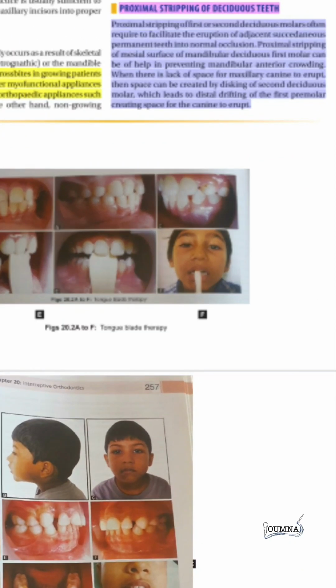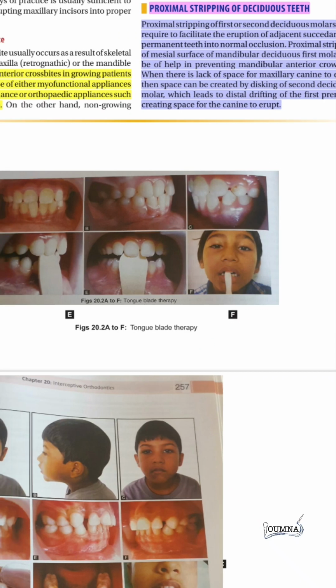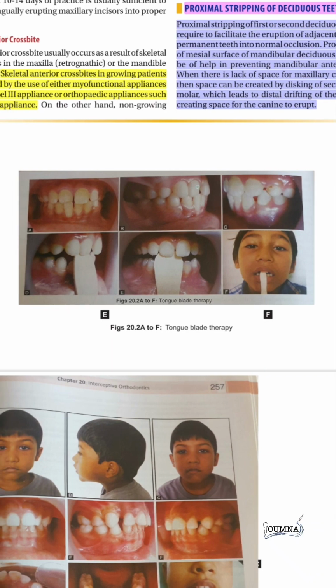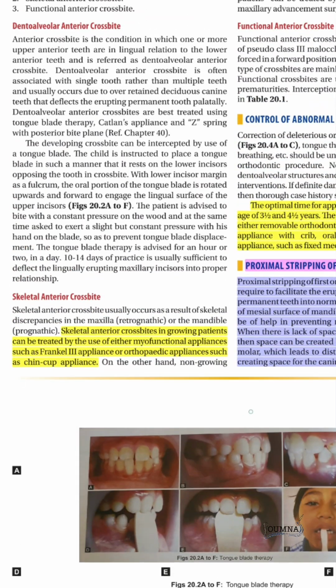intercepted by using what is called a tongue blade, where the patient puts it in the space between the two jaws and starts biting on it for 1 to 2 hours and repeats it for 10 to 14 days, and it is usually sufficient to deflect the lingually erupting maxillary incisors into its proper relationship.